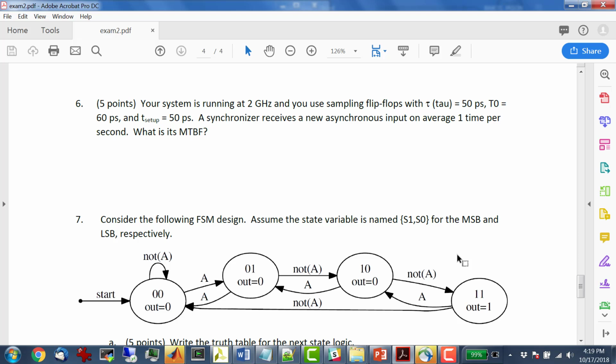Times e to the Tc again, 500 e negative 12, minus t setup, which is 50 picoseconds, 50 e negative 12, over tau, which is 50 picoseconds, 50 e negative 12.